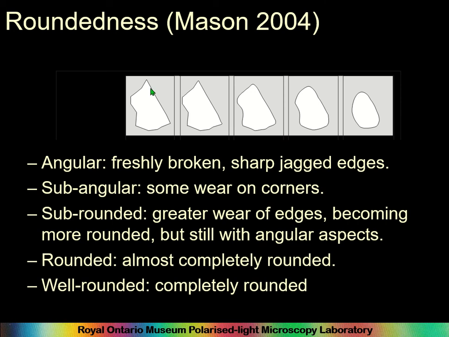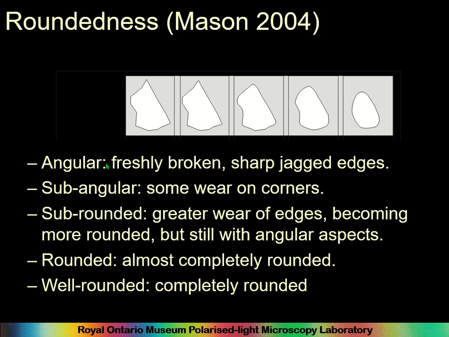Someone whacked it or something, and there's a piece of very pointy rock or mineral. So it's broken, with sharp, jagged edges, that sort of thing. Then you get subangular, which has just got a little bit worn on the edges. It's actually been in a stream and gone a bit of distance away from the source.